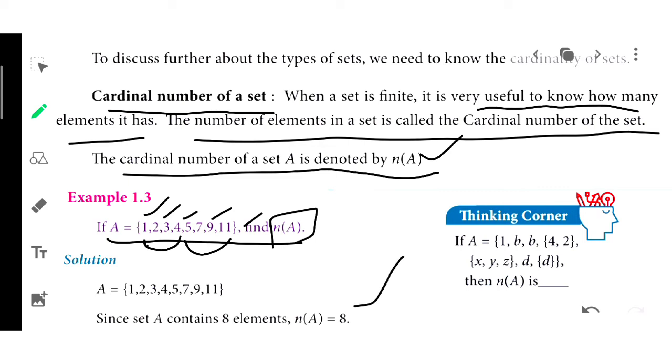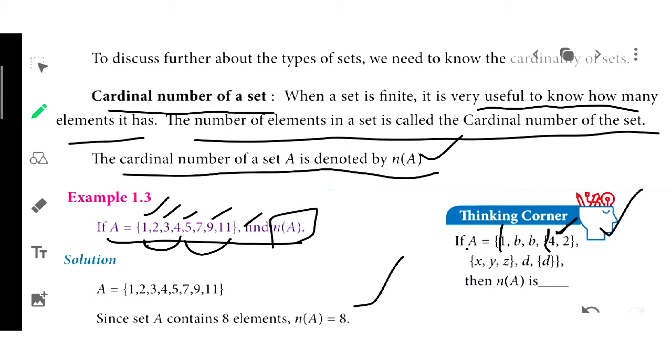Okay students? And here you are given a thinking corner, that is, the set A has these types of elements. We have a confusion that inside the set bracket there is another set bracket here, and we get confused whether to count this as 1 or count this as 2.